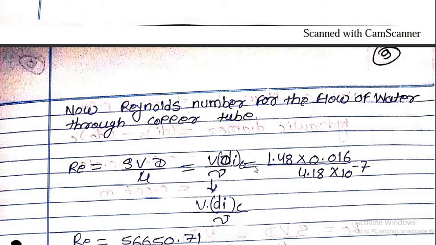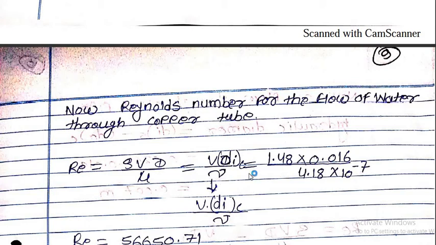The density value is provided for the water, the velocity is provided as given data, the diameter is also provided, and the kinematic viscosity value is provided for water in the property table.